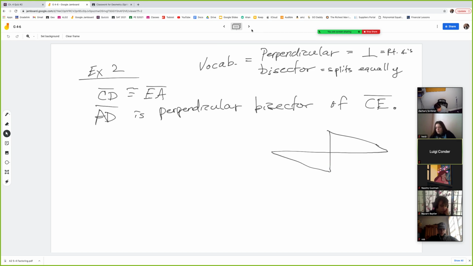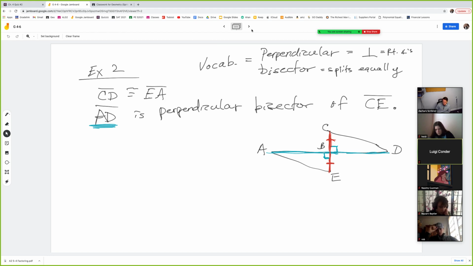We've got A, B, C, D, E. AD is a perpendicular bisector of CE, which tells us that we've got 90-degree angles here and here, and that CB will be congruent to EB.